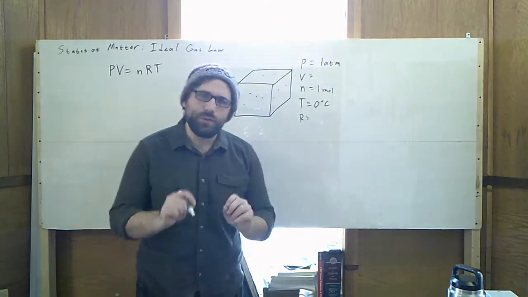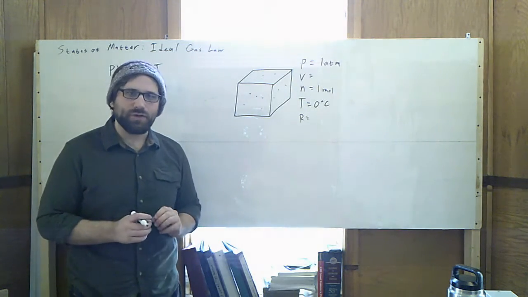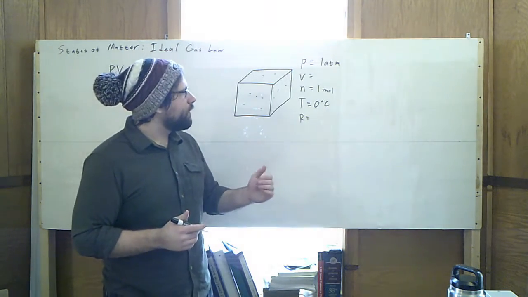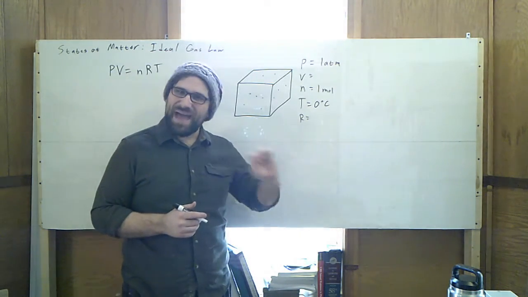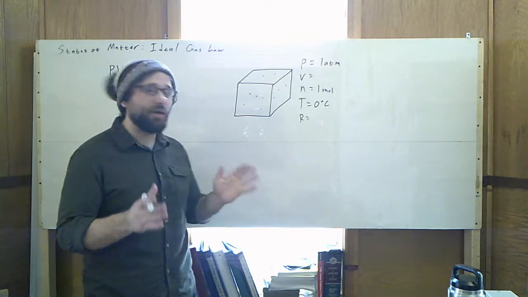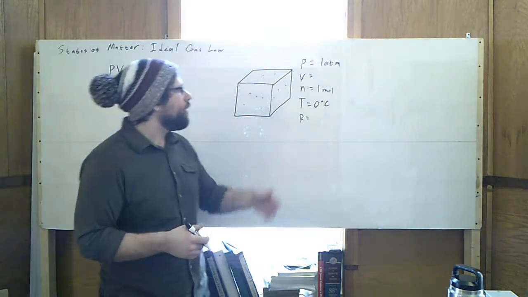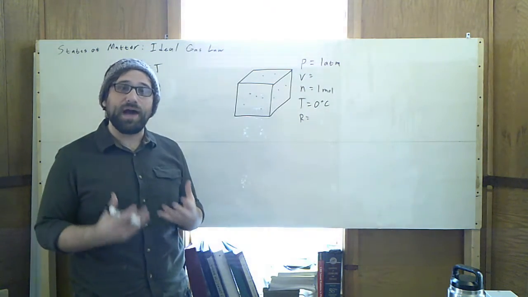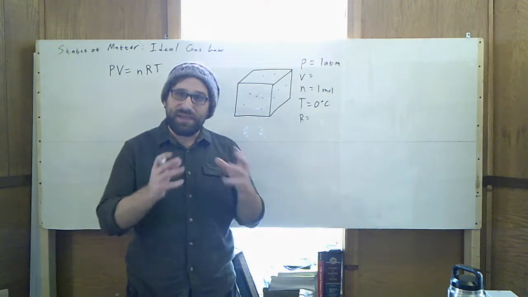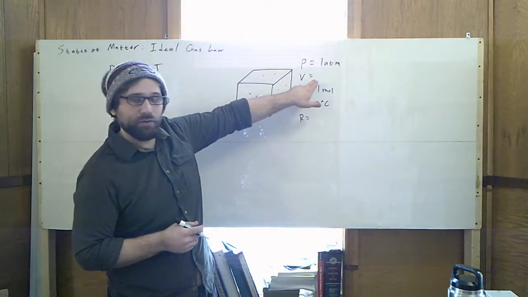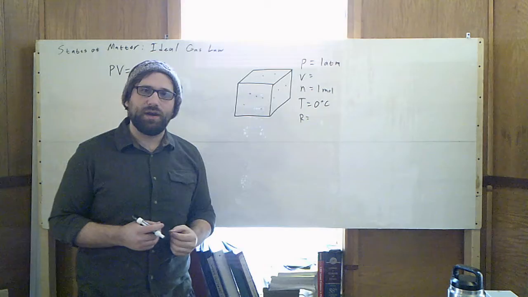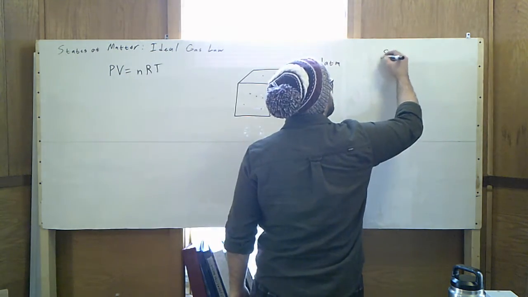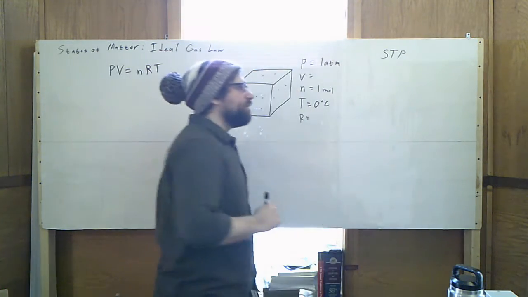This is going to be a very useful concept for doing stoichiometry, because up until now, we've had to do all of our stoichiometry through figuring out the grams, the mass of a gas, which tells us nothing about the actual qualities of that gas.